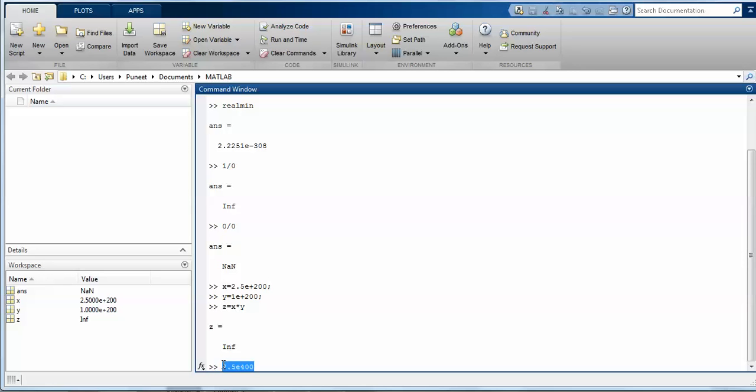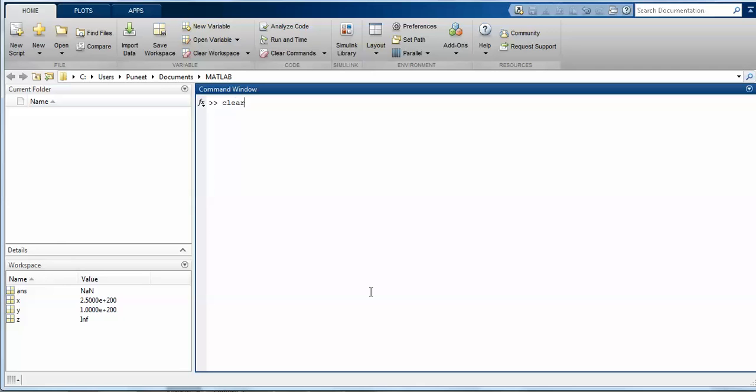Another thing, and this is actually not a limitation, this may be errors done by you, like the syntax you are using while calculating. Let me clear this first, clc and clear all. Suppose you wish to divide 3 by 4 and multiply by 5, so what will be the solution?